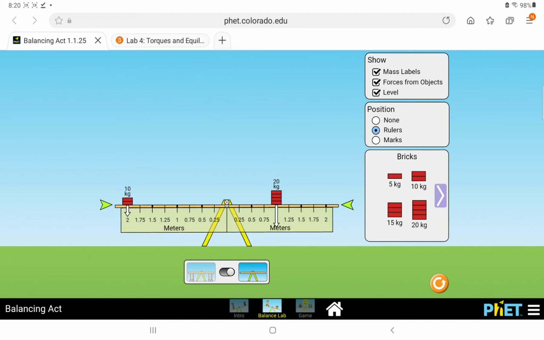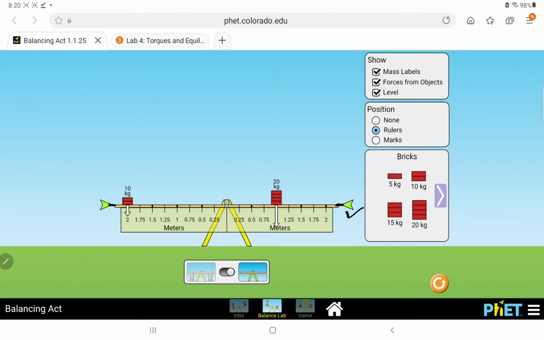Wait for a moment until it balances. Yes, it is the perfect balance, right? This is the equilibrium condition: the sum of the torque is equal to 0.